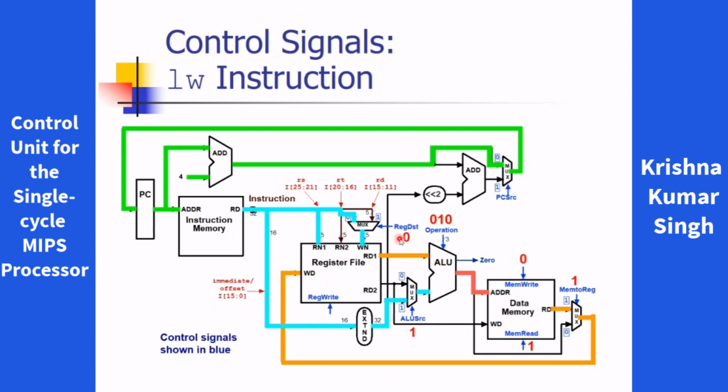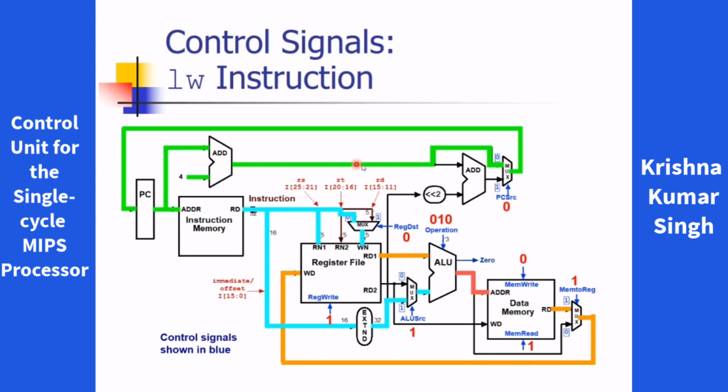Again, since we want to write something back to the register file, register write should be 1. PC source should be 0 like the previous instructions because we are going to update the program counter with program counter plus 4.